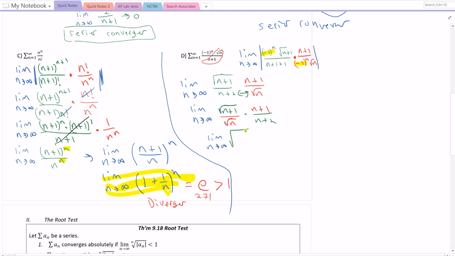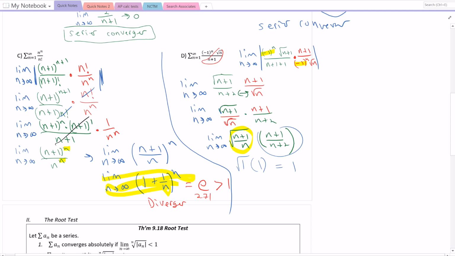This one can then be written as n plus 1 over n, and this one is n plus 1 over n plus 2. Now we can take the limit of each of these pieces individually, right? As n goes to infinity, this is going to go to basically square root of 1, right? n over n is 1, and this guy is also going to go to 1 as n goes to infinity. And so I have square root of 1 times 1, which is 1.